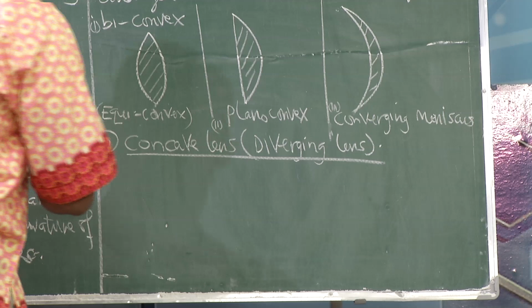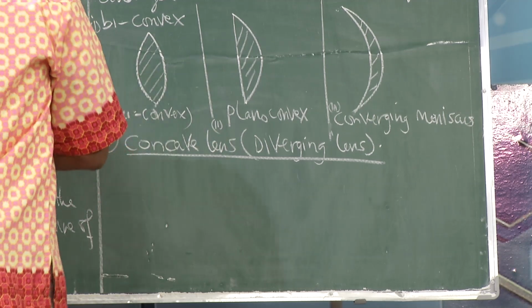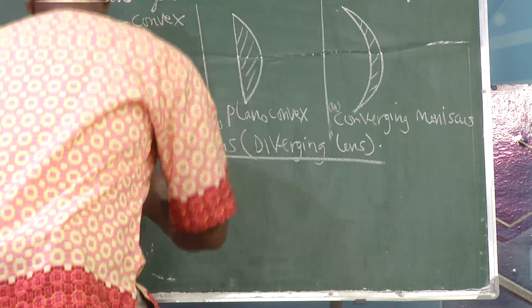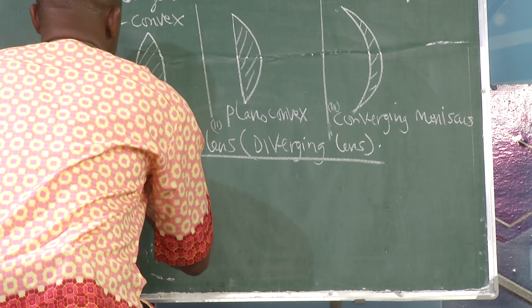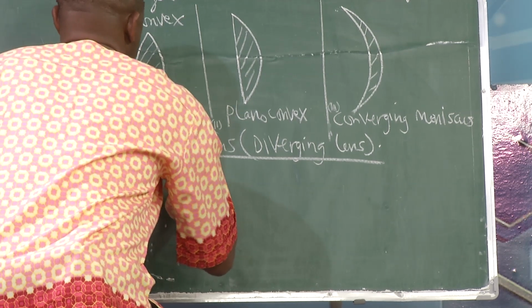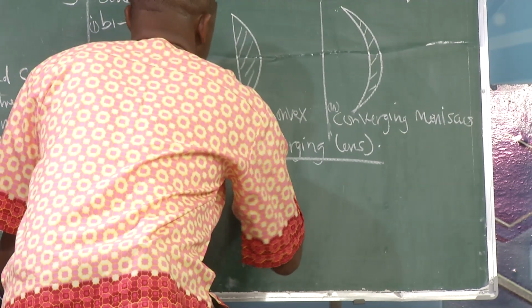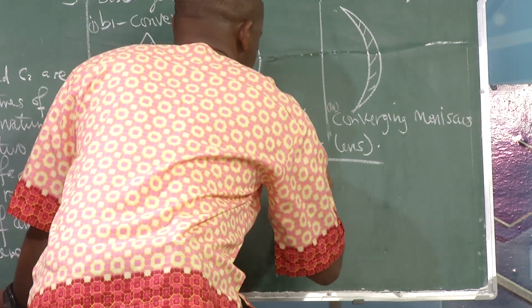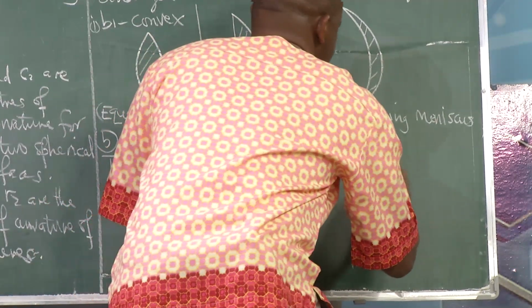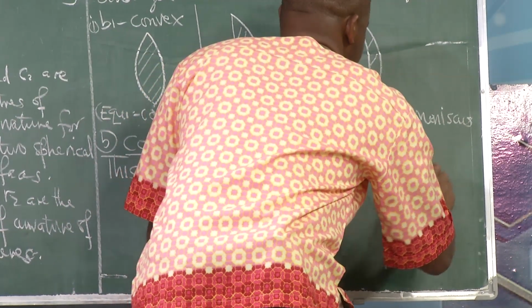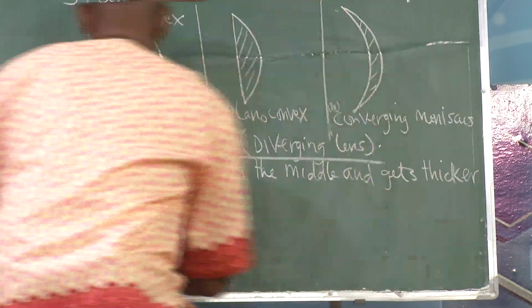On the contrary, the diverging lens is thinner in the middle and gets thicker towards the edges.